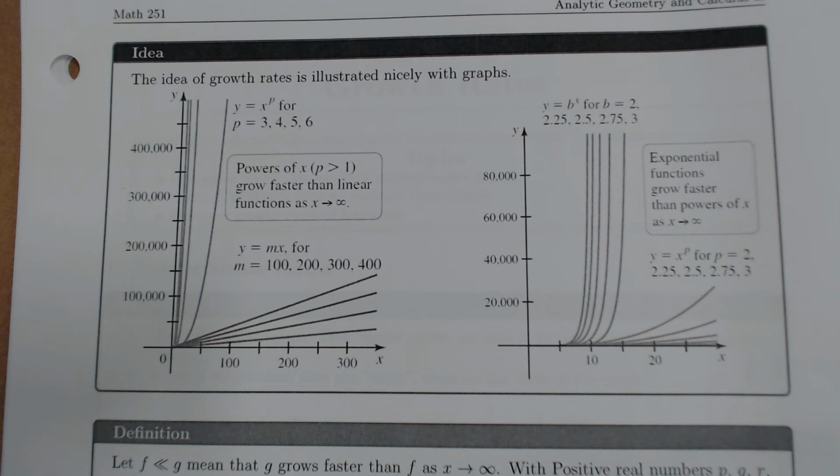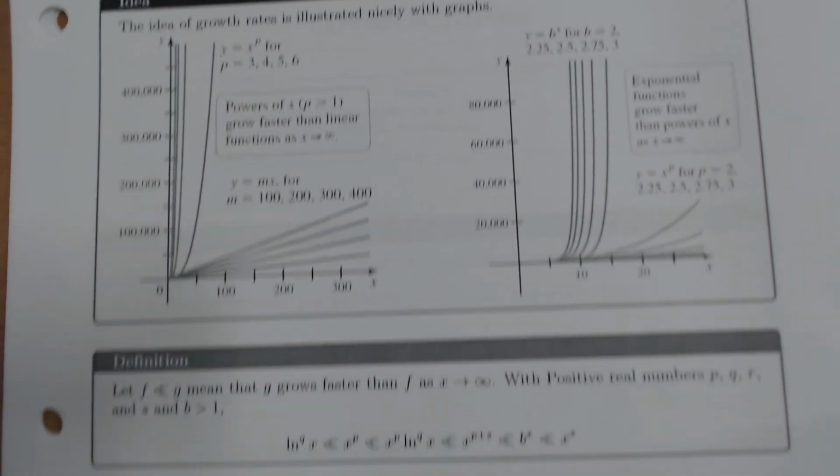And then what do we have? Exponential functions versus polynomial functions. And again, even though polynomial functions for higher powers, yes, they grow faster, in this case it is the exponential functions that are larger in value.